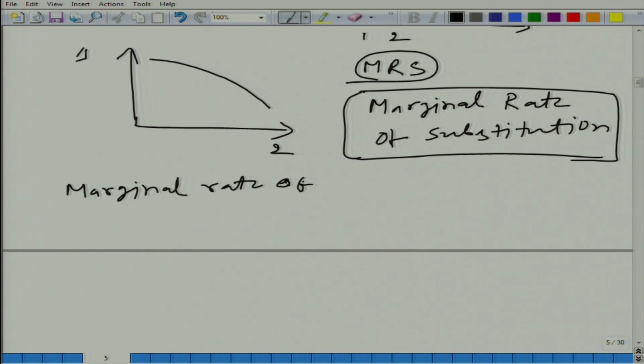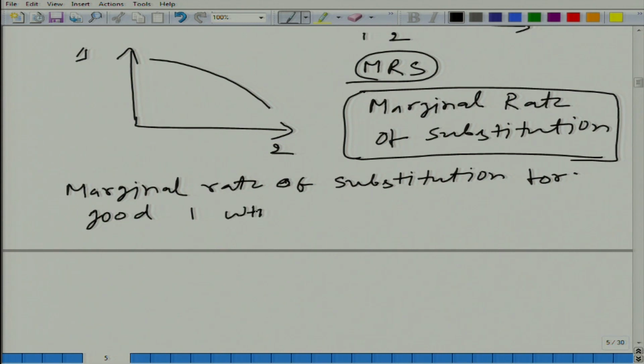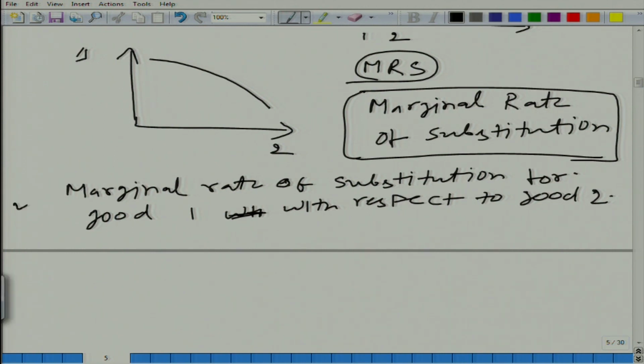We have to specify the marginal rate of substitution for good 1 with respect to good 2.